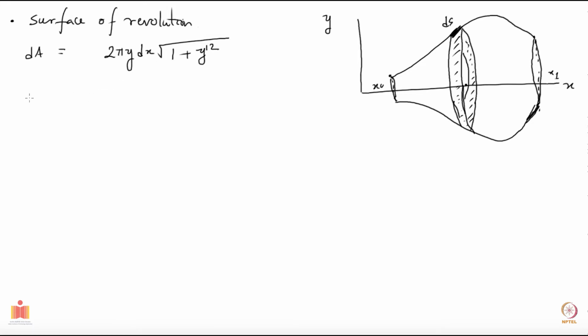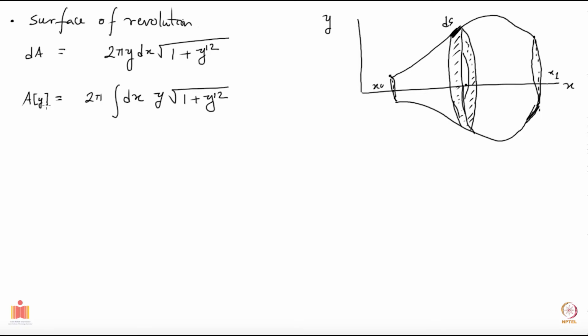Okay, so if I want to know the area of this surface of revolution, it will be 2 pi times integral dx y square root of 1 plus y prime square. Okay, and to emphasize that this is a functional, I write here A of y.